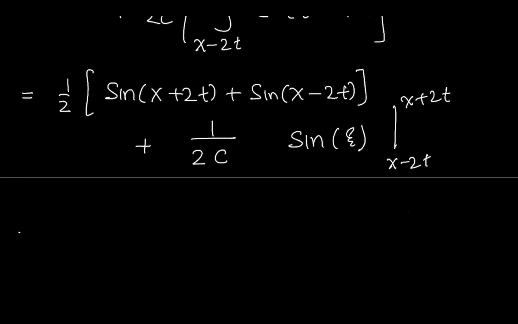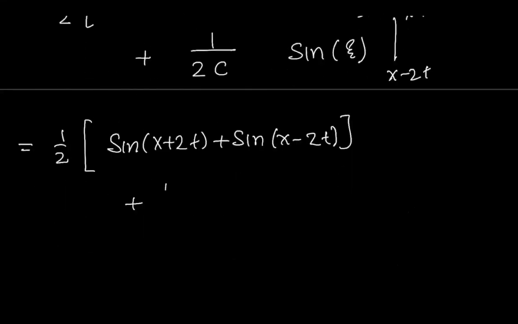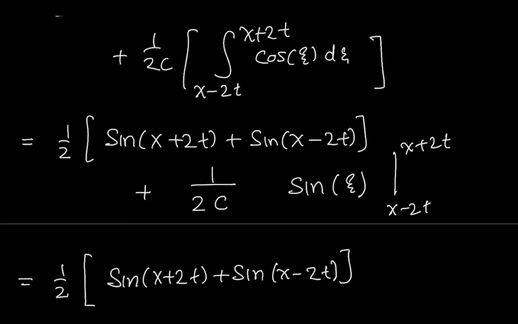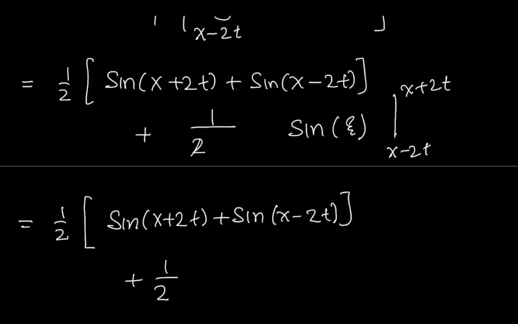So therefore this is 1/2 sine(x+2t) plus sine(x-2t), and therefore plus 1/2c. C is actually 2, so 2c is a 4.